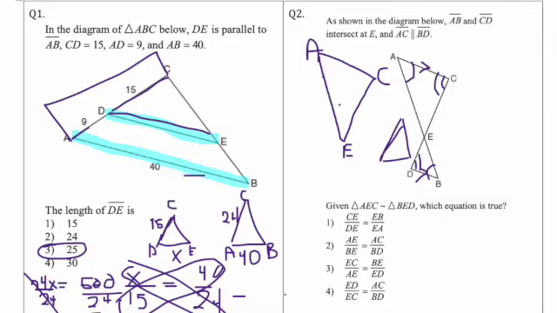Okay, so this is E. Okay, and A corresponds with B, and C corresponds with D. Okay, so now you're starting to see.